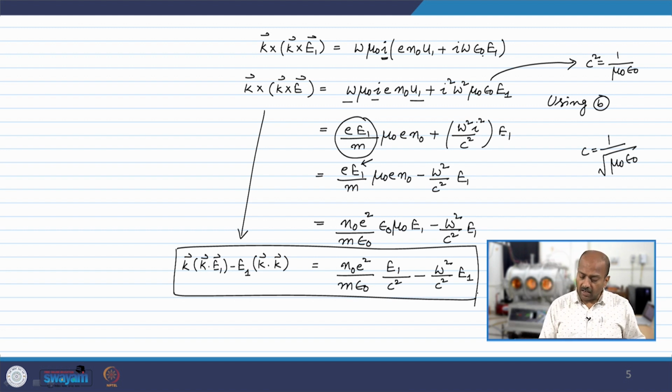Now, if you see the right hand side, n naught e square by m epsilon naught is something that is very familiar to us. This is the plasma frequency, the electron plasma frequency, right. Omega p e square times E1 by c square minus omega square by c square E1, right, in terms of things that we know very well.